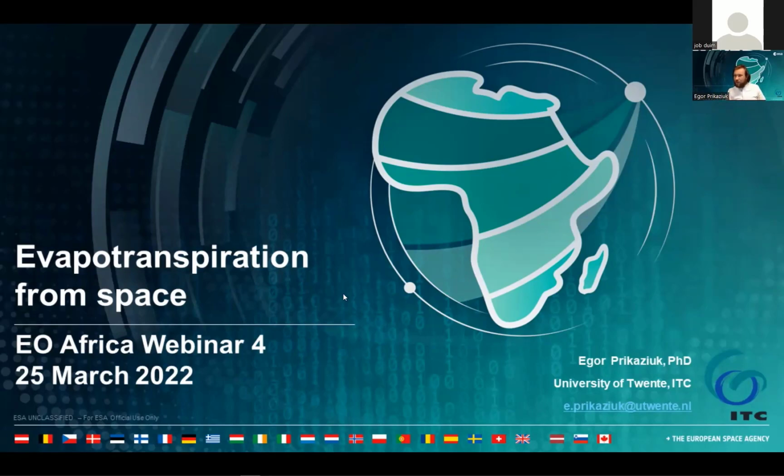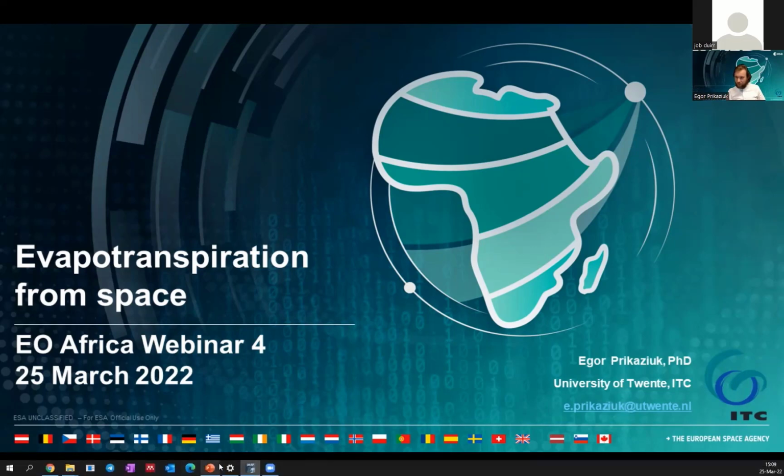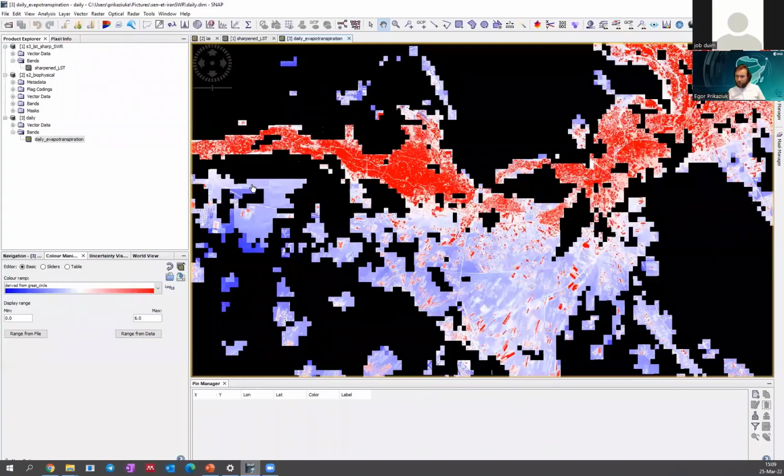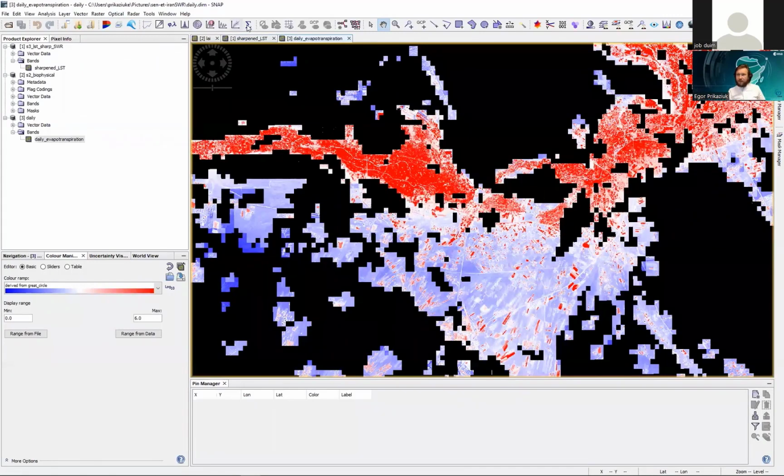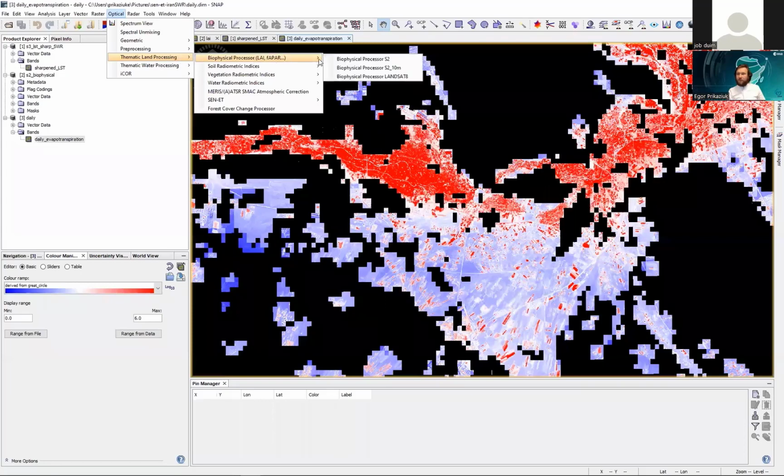Can you say a bit more about the validity of Sentinel-2 derived biophysical parameters, particularly the LAI? These are derived by the Snap biophysical processor. If you go to Optical, Thermal, and Processing, Biophysical Processor, this is the processor.